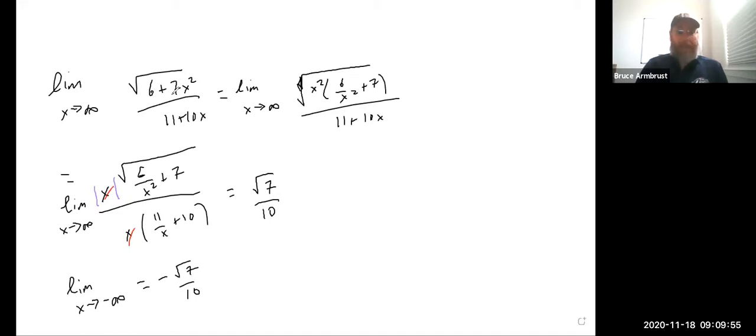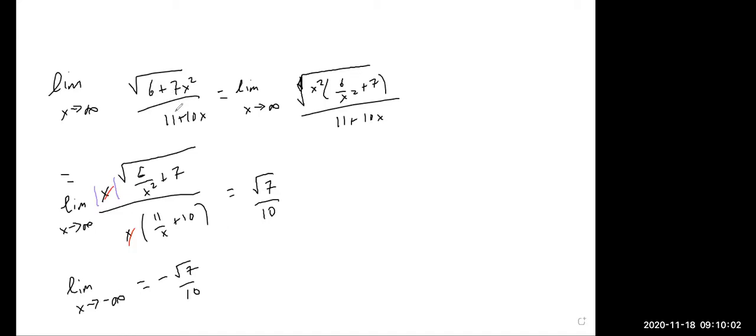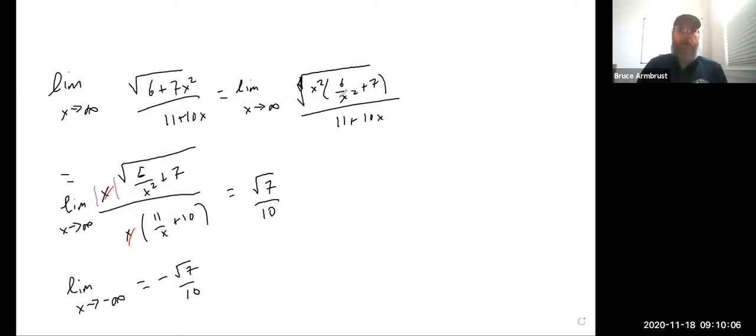So plugging in would give you infinity over infinity. Yeah, I think that's why I'm confused. Okay, but that's why we do the algebra, right? Whenever we got infinity over infinity, we had to do some algebra. And the algebra we did, all of these steps are exactly the same, whether we're going to infinity or minus infinity.